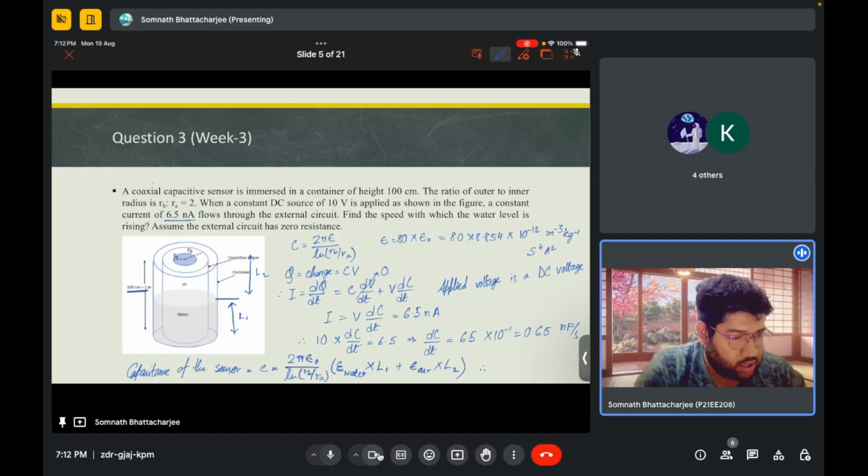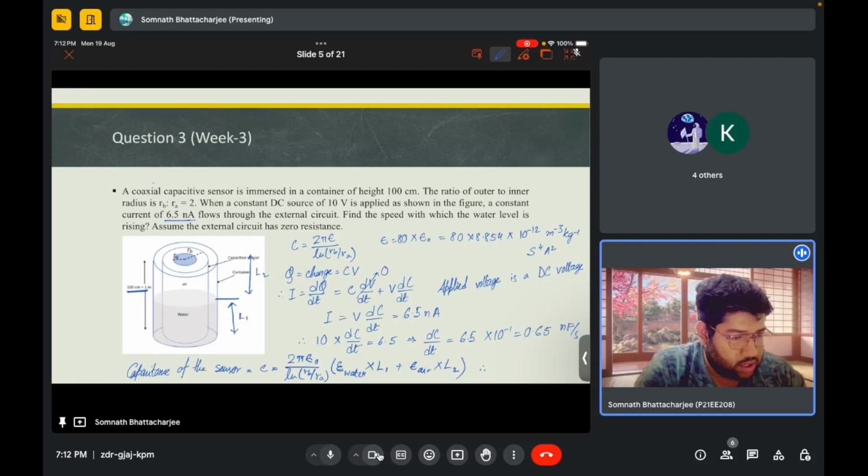So we need to determine this value, dL1/dt. It was the change in the water level, which is nothing but the velocity of the rising water. The values were determined to be this. So in the last class, up until this we have calculated.